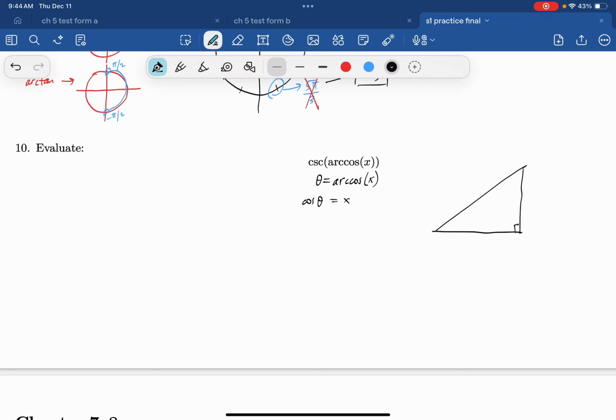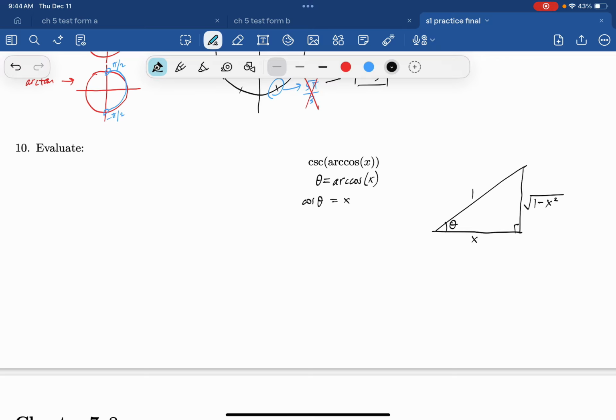On a triangle, that tells us that if this was theta, then that means the adjacent would be x if the hypotenuse was 1. Okay, because cosine is adjacent over hypotenuse. And so therefore, we have this triangle here, which means that the other side is going to be the square root of 1 minus x squared. That's by Pythagorean theorem, right?